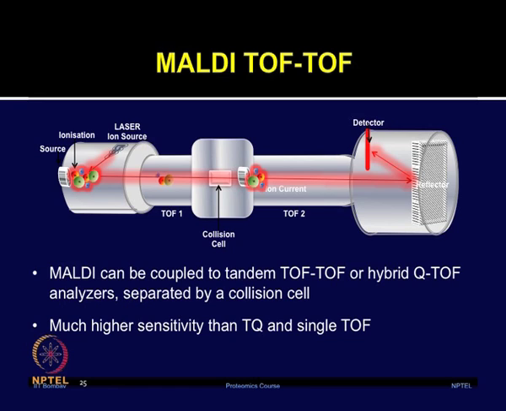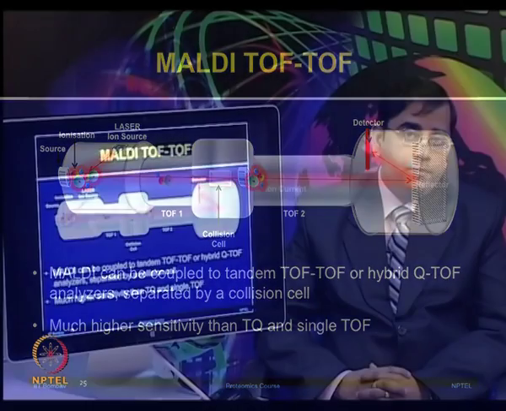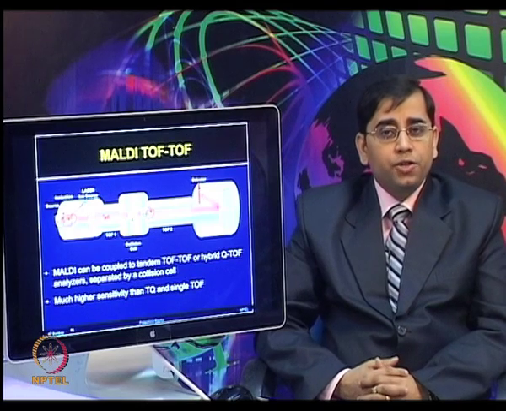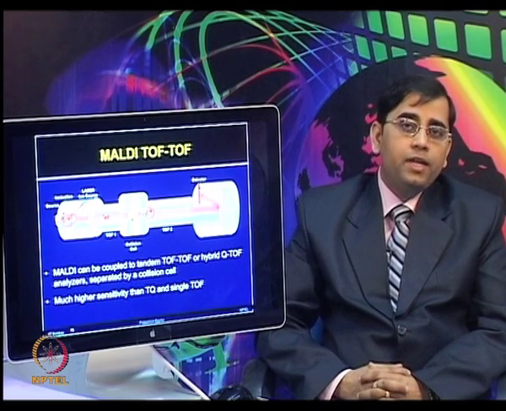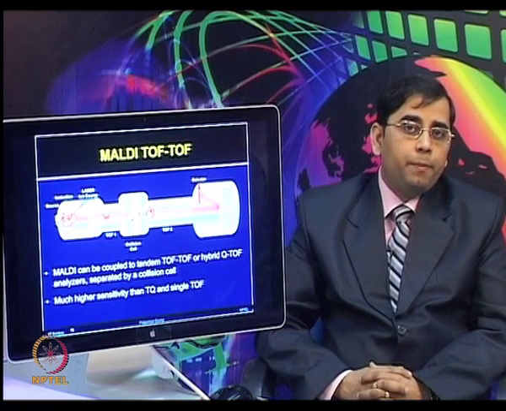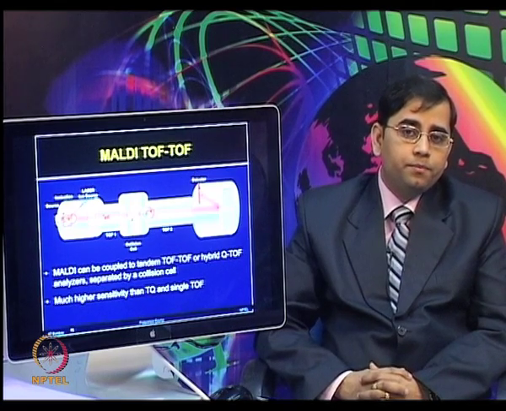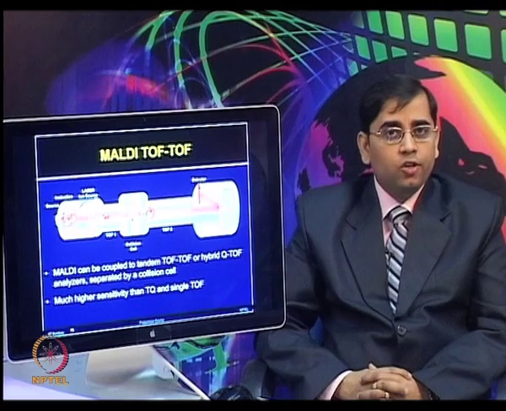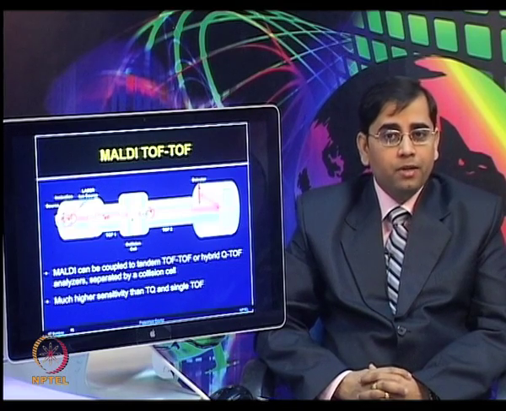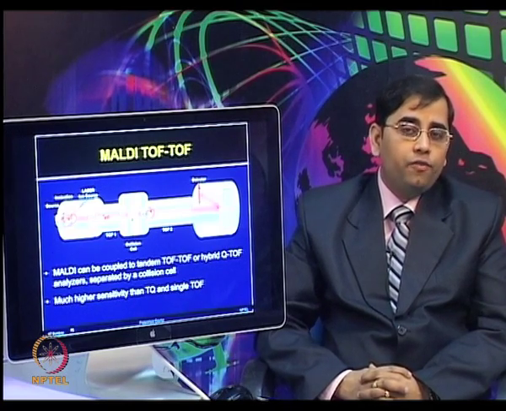Now, these hybrid configurations are more sensitive than the triple quad and the single time of flight. The combination of TOF allows protein identification through peptide mass fingerprinting, and high throughput analysis of the protein or proteome is possible with the hybrid TOF analyzers.